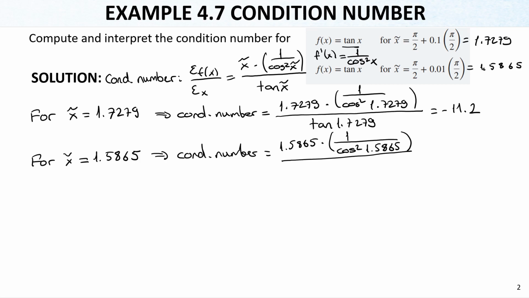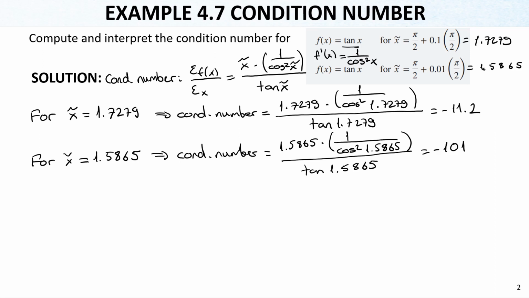This is divided by the tangent 1.5865. Then the result is minus 101.